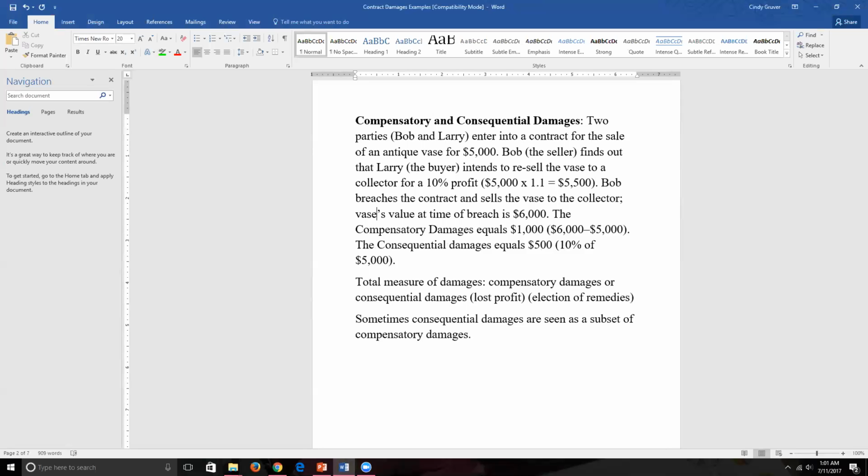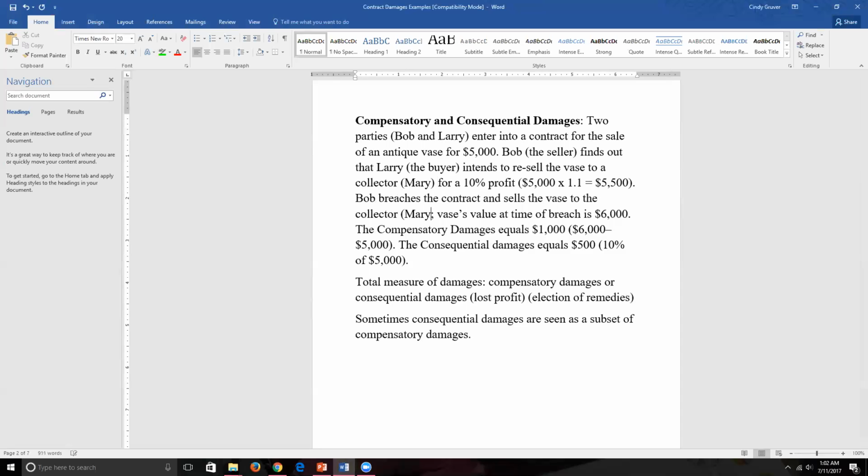It doesn't really matter whether the collector that Bob sells it to, let's just give her a name, we'll name her Mary, it doesn't really matter whether Bob sells it to Mary for the $5,500 or the $6,000.